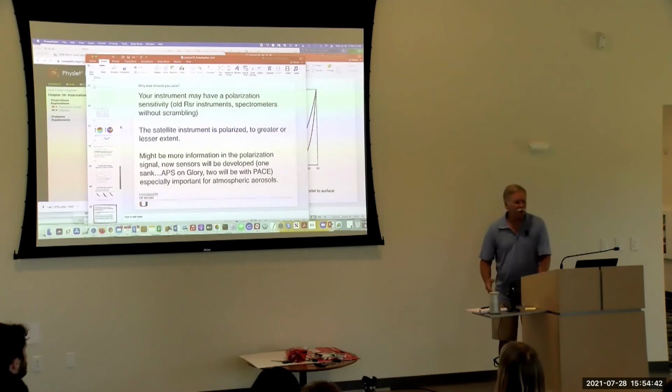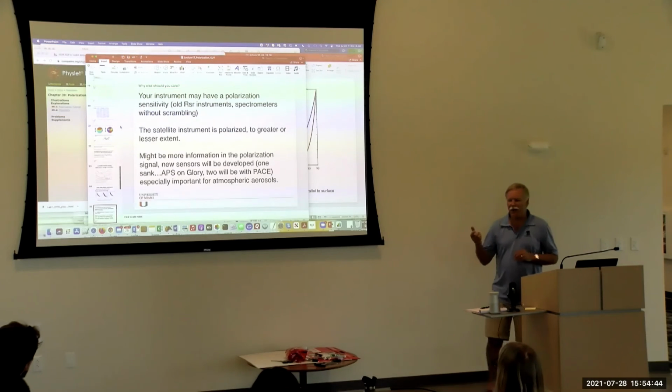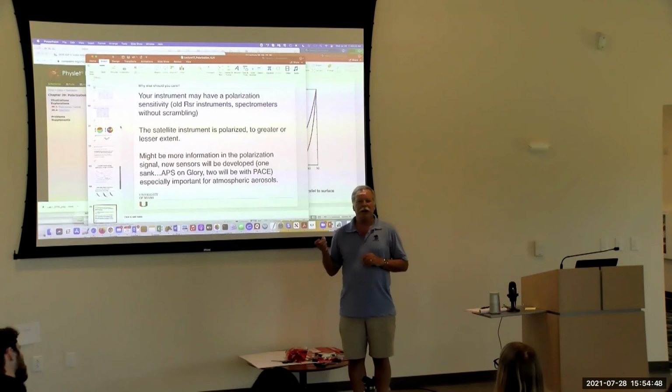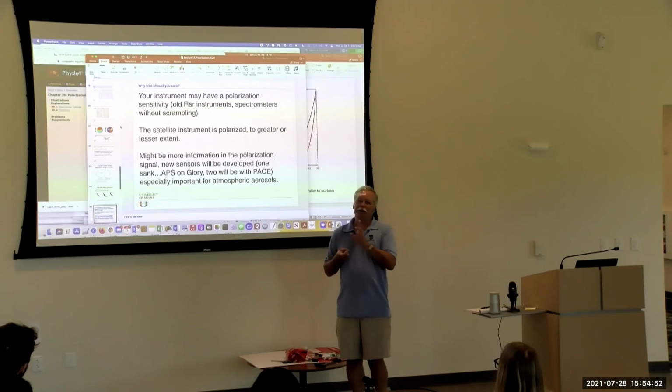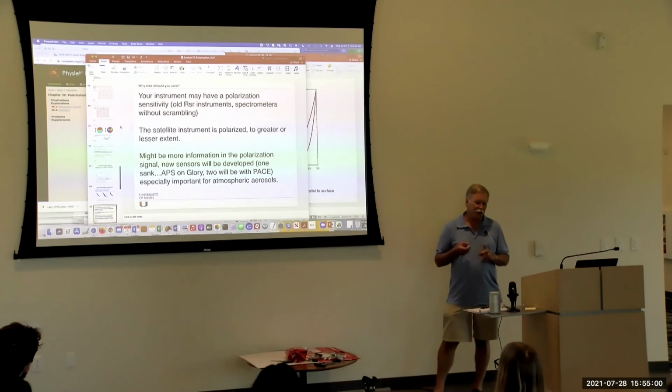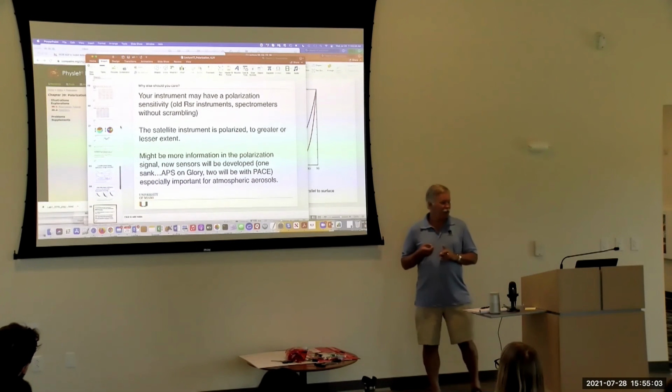Your instrument could have polarization sensitivity. Some of the spectrometers people started using for above water radiometry were polarization sensitive, and so that can screw up what you think you're measuring in terms of the intensity of the light. It might give a different response for one polarization state versus the other.